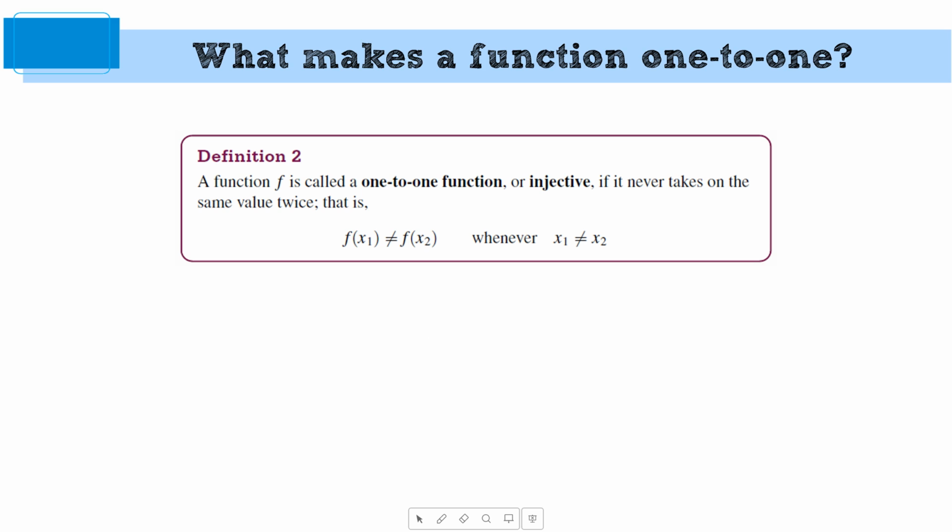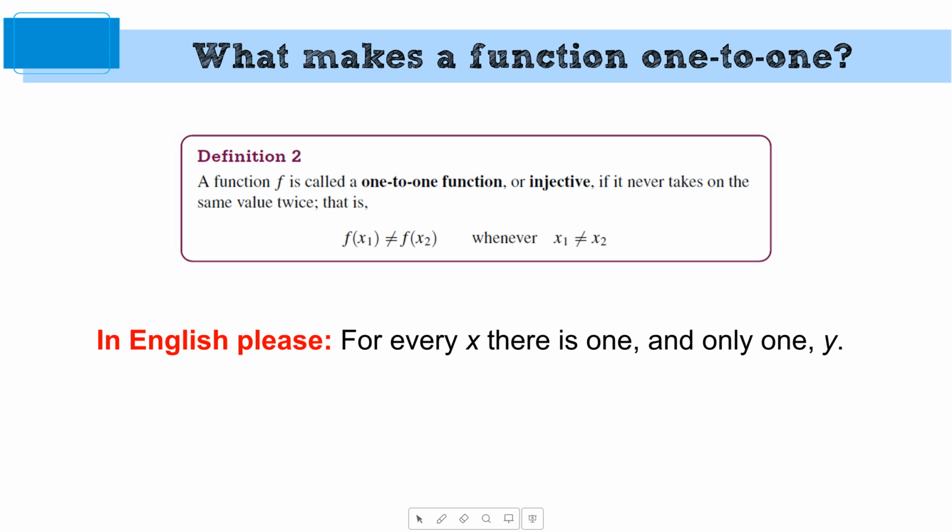Okay, what does it mean to be one-to-one? This is a new word for me. I've never heard the word injective before. But basically, it means for every x, there's one and only y. There it is in English. You can have a function that's not one-to-one and still be a function, but we're going to be focusing on one-to-one functions as we talk about inverses.